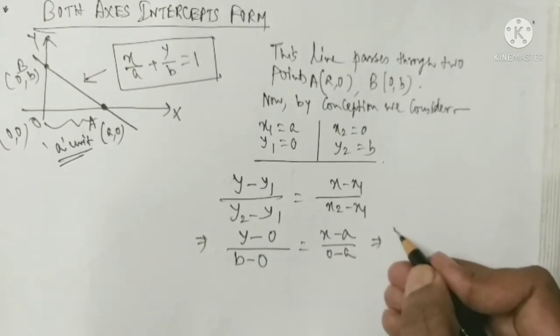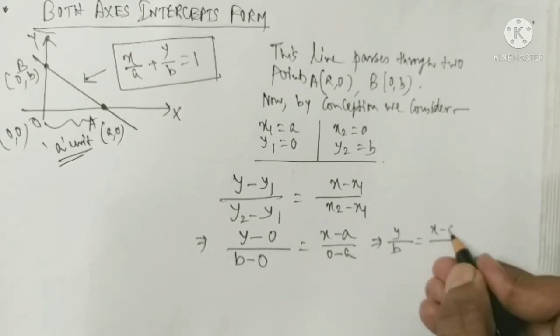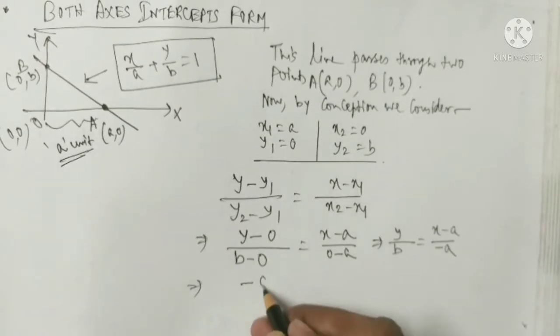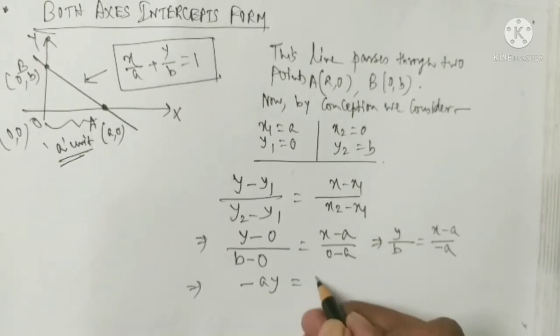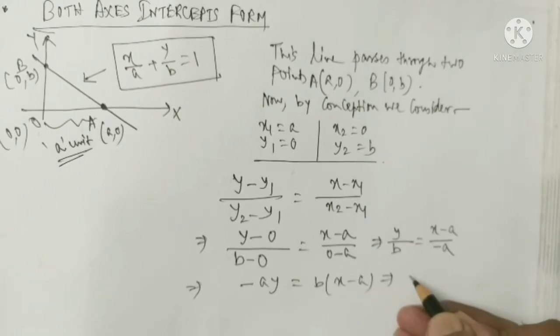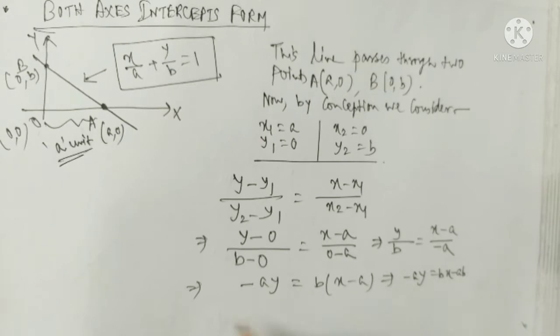This implies y/b = (x - a)/(-a). By cross multiplication, we get -ay = b(x - a), which implies -ay = bx - ab.